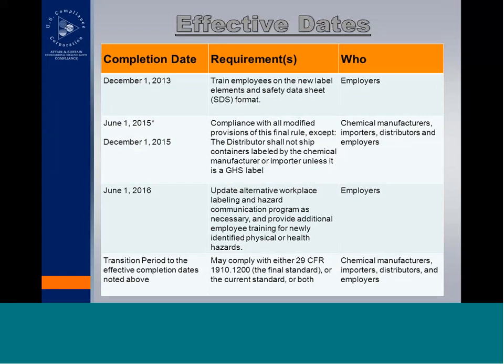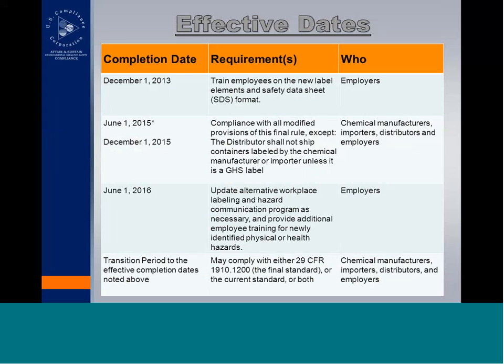So, effective dates regarding the implementation of the GHS requirement. The first effective date is December 1st, 2013, where OSHA requires that employers train employees on the new label elements and safety data sheet format, which we have now concluded.